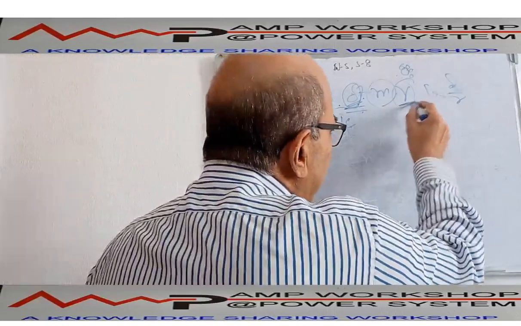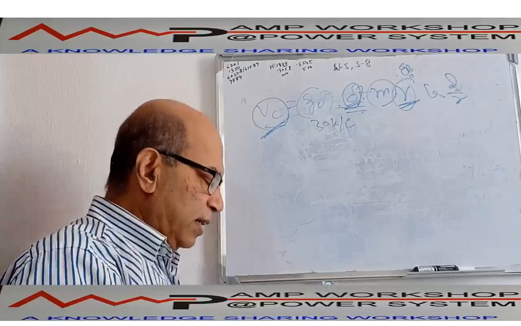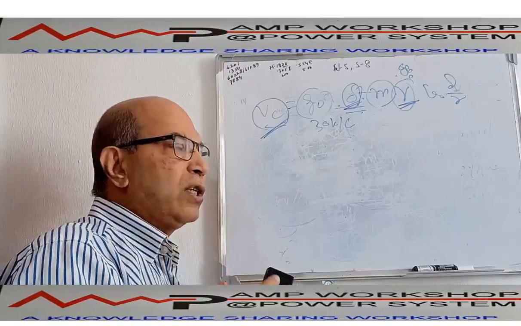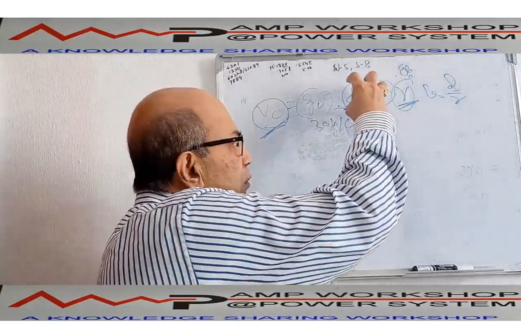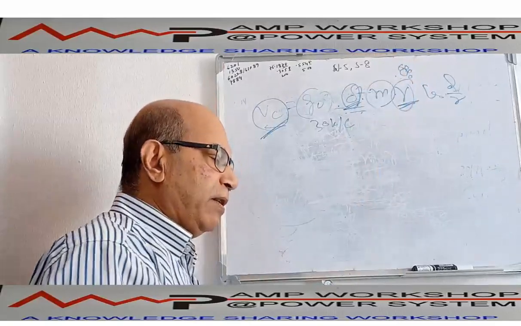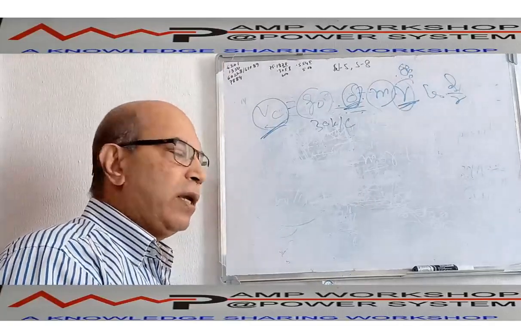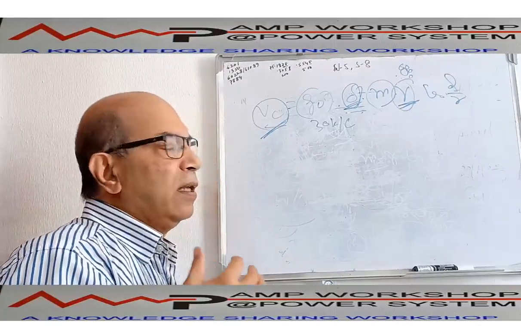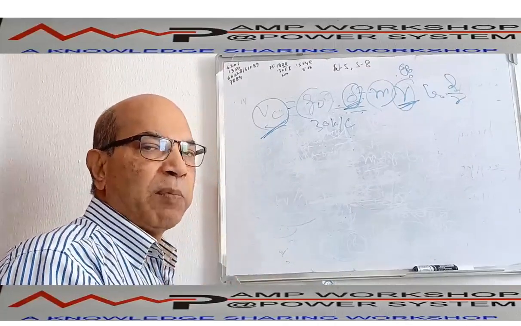If you increase the radius of the conductor, the critical disruptive voltage will increase. To reduce this, we have to reduce either delta or R. If I reduce R, then automatically the disruptive voltage will be reduced, and then this corona discharge will not take place.